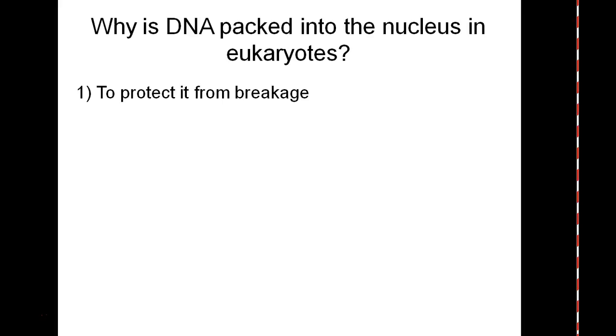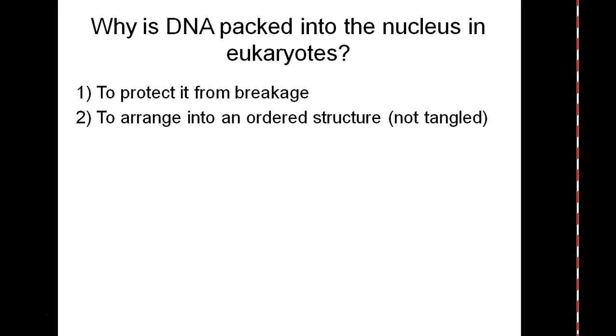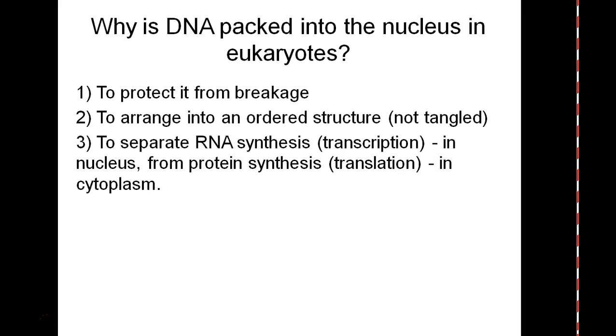So this is why cells package the DNA, highly organize it, and put it into the nucleus. This is a very good environment for protection of our genomic DNA. Also, it keeps and maintains a specific structure so it's not all tangled and disorganized.